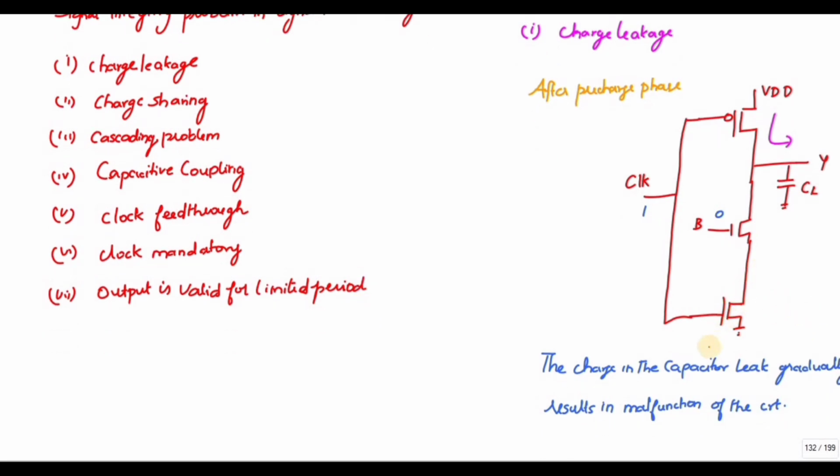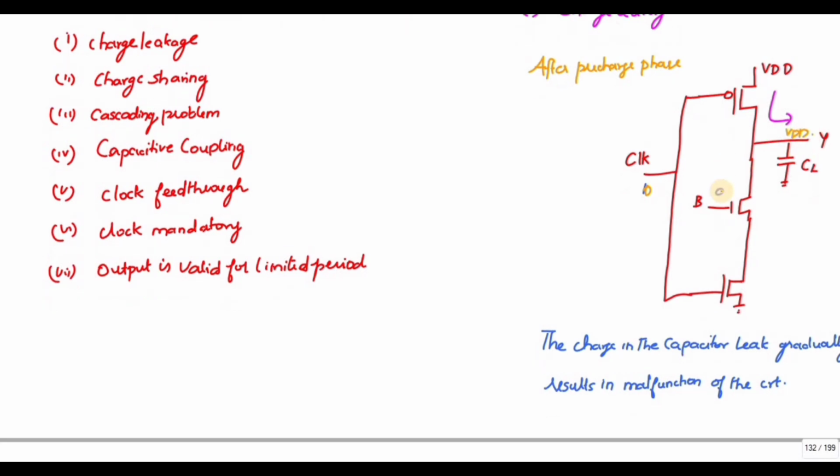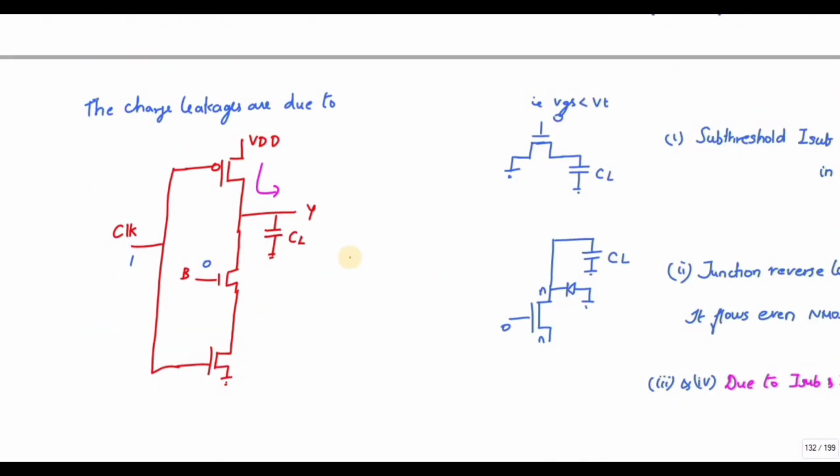The charge leakage problem. Whenever the clock is 0, the output is charged to VDD. Whenever the clock is 1 and the B value is 0, this NMOS is conducting, but the PMOS is off, and this one is on. So during the pre-charge phase it is charged to VDD.